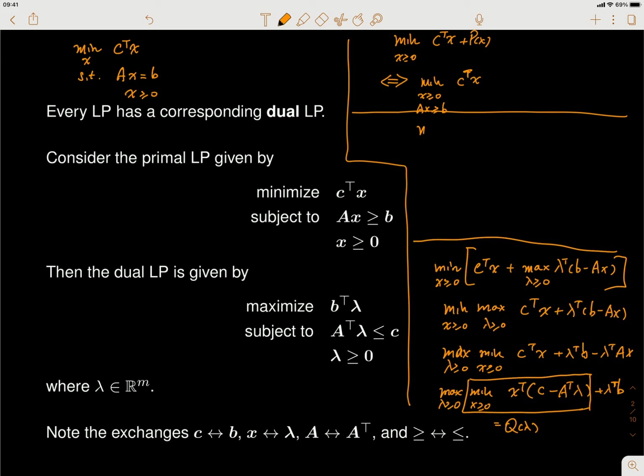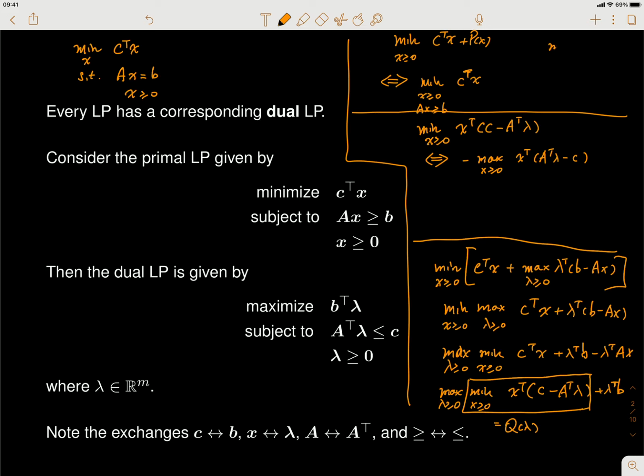So as we said, this is minimizing over x greater than or equal to 0, x transpose C minus A transpose lambda. And this is the same as, we said, minus maximizing over x greater than or equal to 0, x transpose of A transpose lambda minus C. The reason is that minimizing some function is the same as minus maximizing the negative of the function, right?